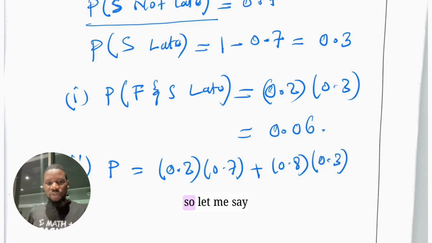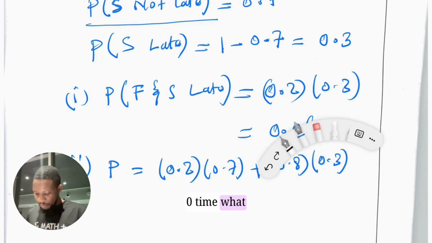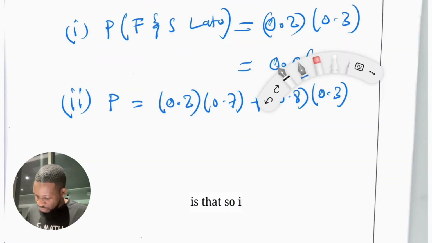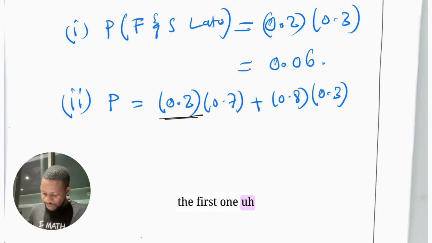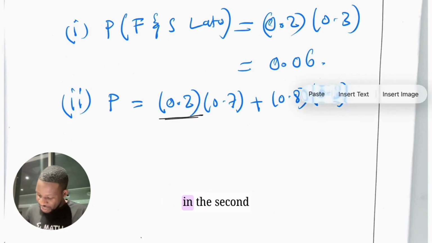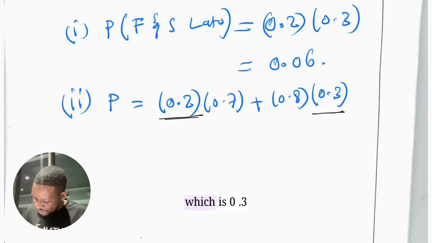Okay, so let me say one more time. What I did here is that I will highlight in black what is being late. So in the first one, F is late, so I have 0.2. Then 0.7 is coming from S, which is not late. Then in the second one, S is late, which is 0.3, and F is not late, which is 0.8.